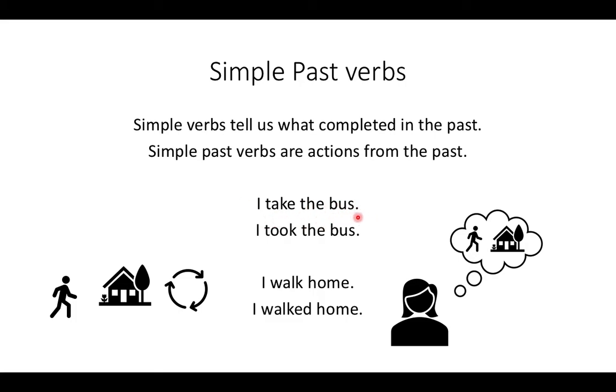It's something that you do a lot. I take the bus. If you said I took the bus, that means just in the past, just before right now. It doesn't really mean that you do it a lot. It just means you did it before right now. It could be this morning, or it could be 2 years ago. It could be any time in the past.